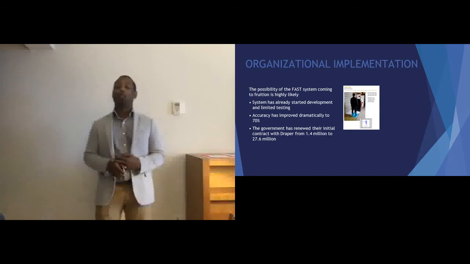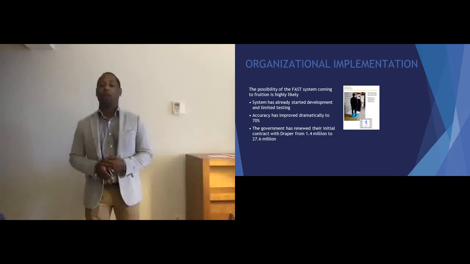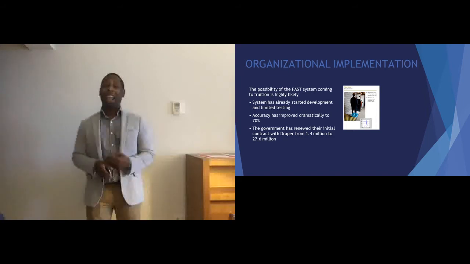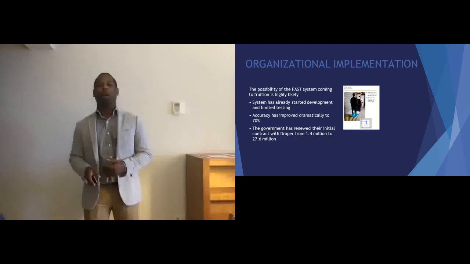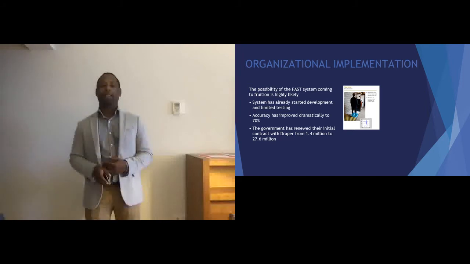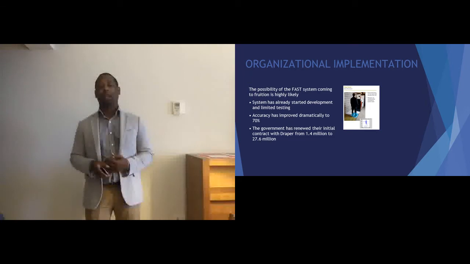The organizational implementation. So the possibility of the FAST system becoming something that is current is very highly likely. The government has already started development and limited testing, although they haven't said where the testing has been, but they have said that the testing is strictly being done on DHS employees right now and not on the public. And they have also improved the accuracy of the FAST system dramatically, up to 70%.